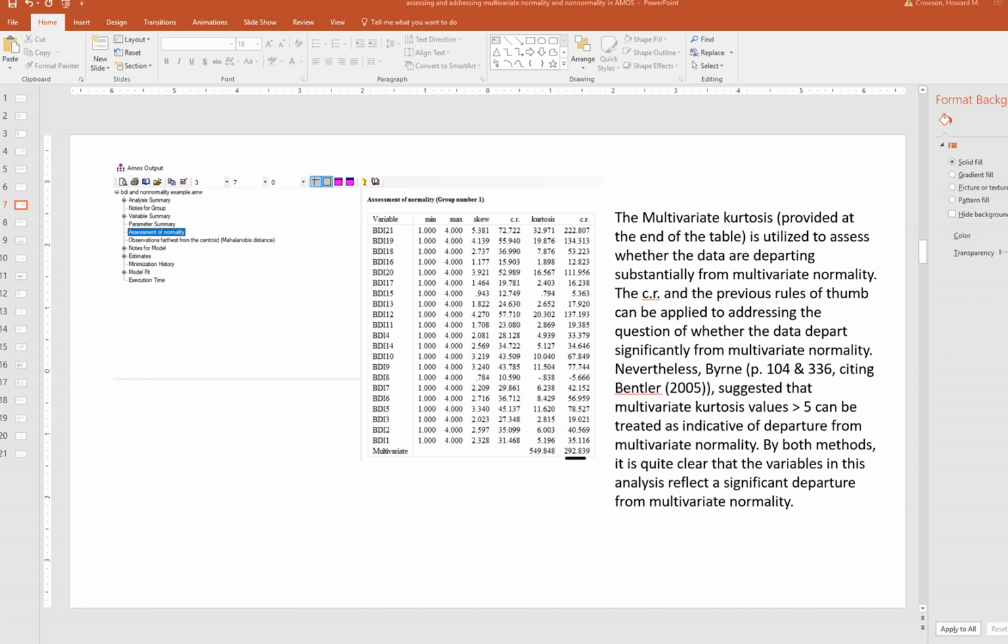We can say that values less than -1.96 or greater than +1.96 would be indicative of the presence of multivariate non-normality. So that would be the case here. And then Byrne also suggested that multivariate kurtosis values greater than 5 can be treated as indicative of departure from multivariate normality. And so that's clearly the case right here.